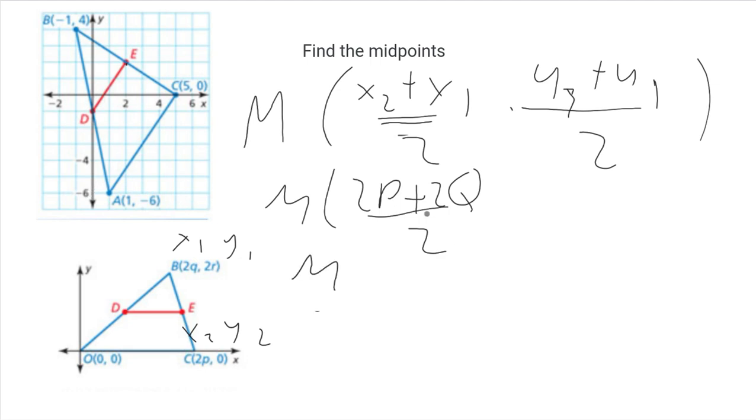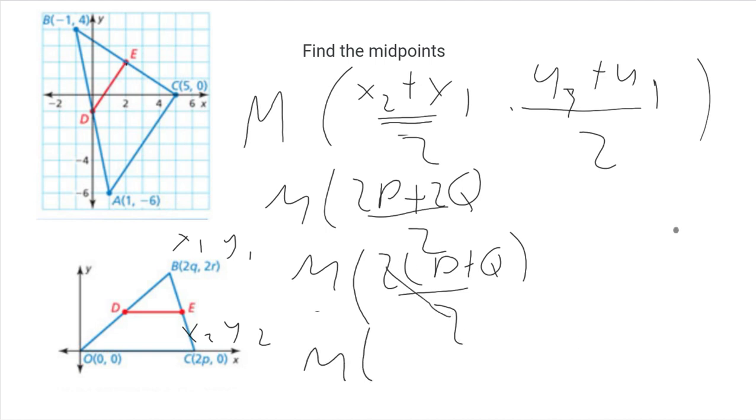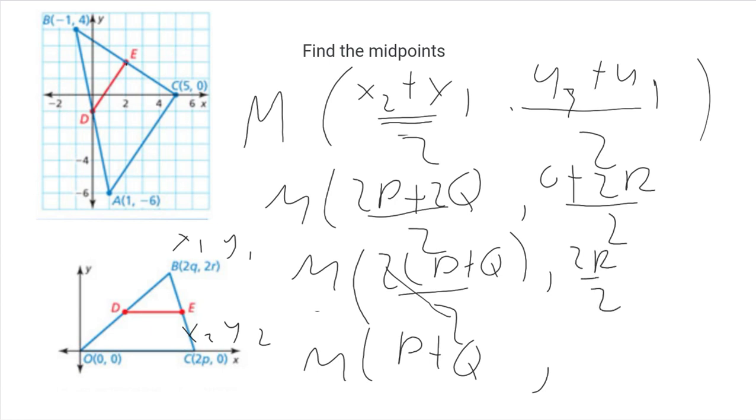Both these have 2 in it, so I can factor that out and say 2 times (p plus q) over 2, and the 2s cancel each other out, and I'm left with p plus q. On the other side, I have y2, which was 0, plus 2r over 2. 0 plus anything is just the anything. The 2s cancel, and I'm left with r. So point E is at (p plus q, r).